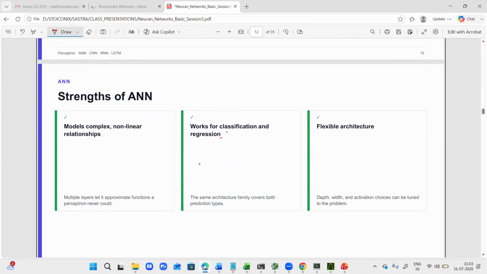Because you can fine tune the depth, width, and the activation choices, we say that the architecture itself is flexible. For example, you can have more layers, more neurons, and fine tune the model depending on how much accuracy you need and the application for which you are developing the model.